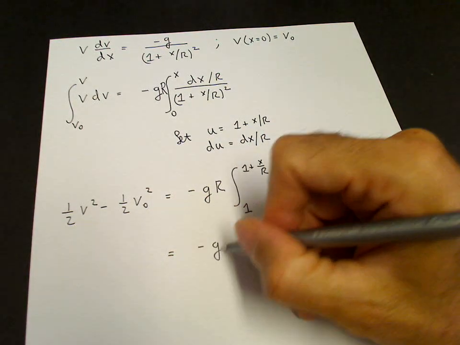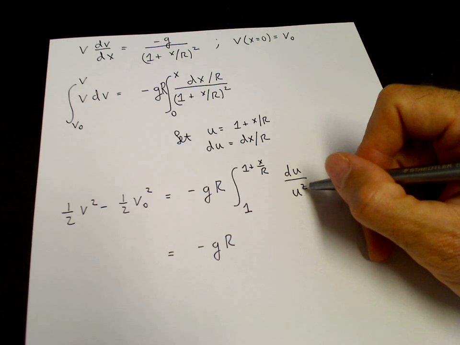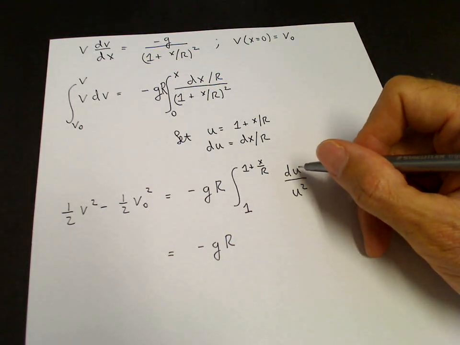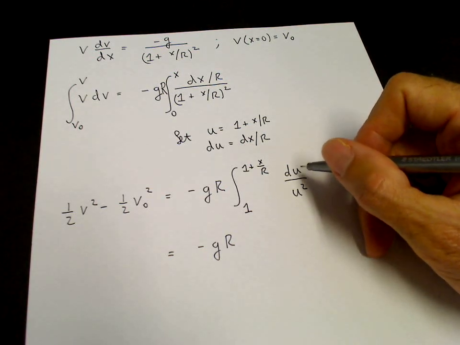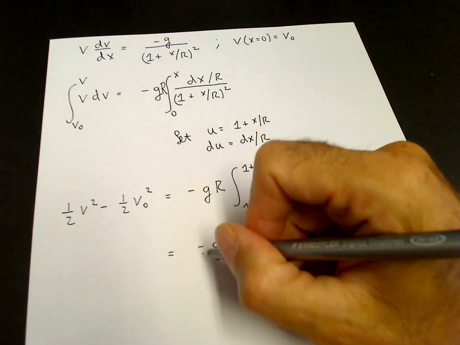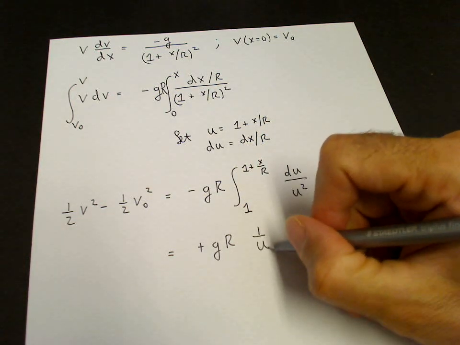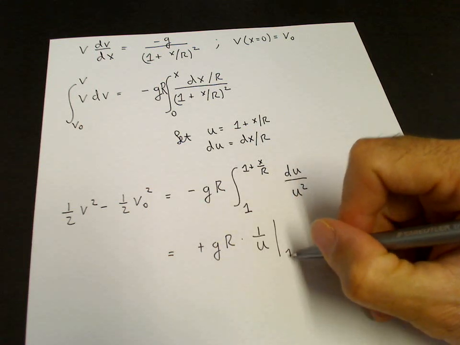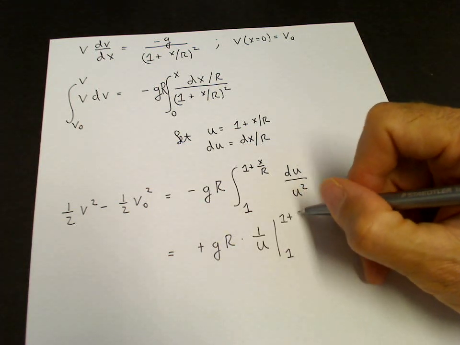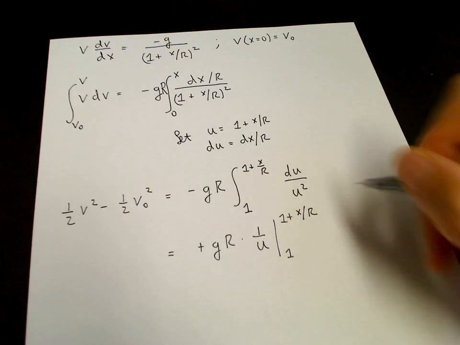So this is minus gr, and u to the minus 2 integrates to minus 1 over u, so that minus cancels this minus. And then we have a 1 over u, evaluated from 1 to 1 plus x over r.